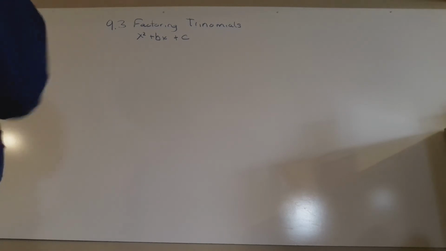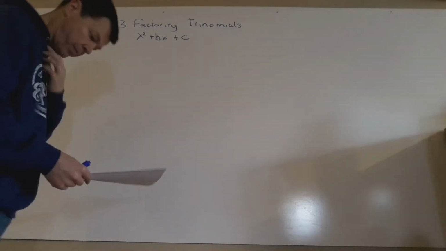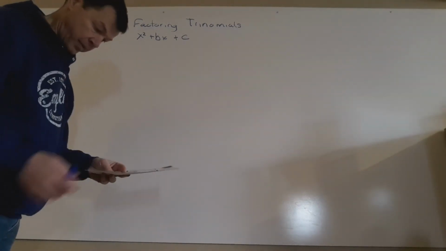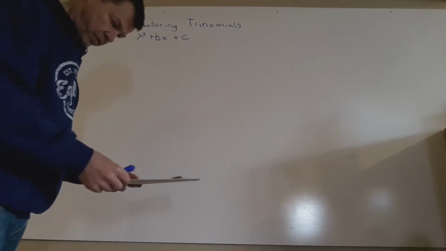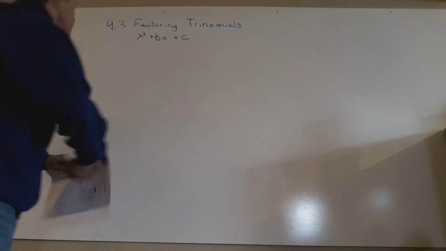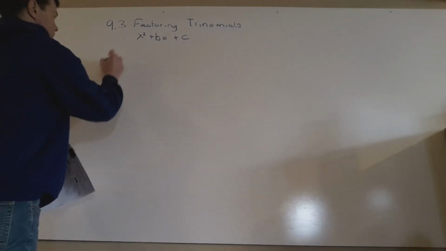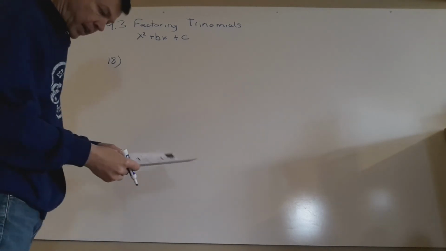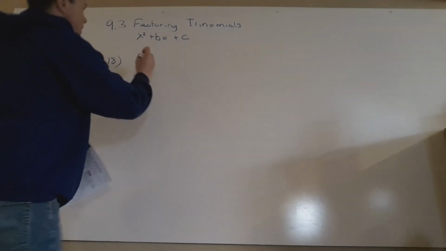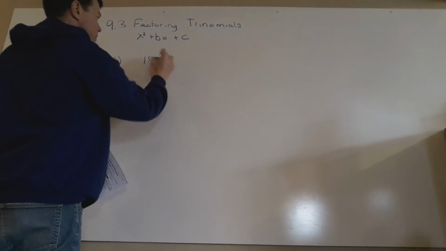All right, another example. I'm just going to do one of the problems from your assignment here. Let's do number 18. Somebody may have a question on this. 18 plus 11y plus y squared.